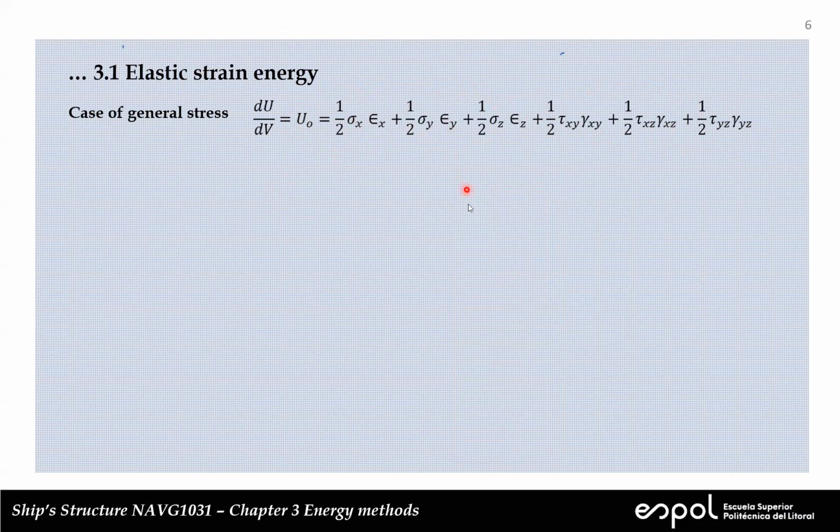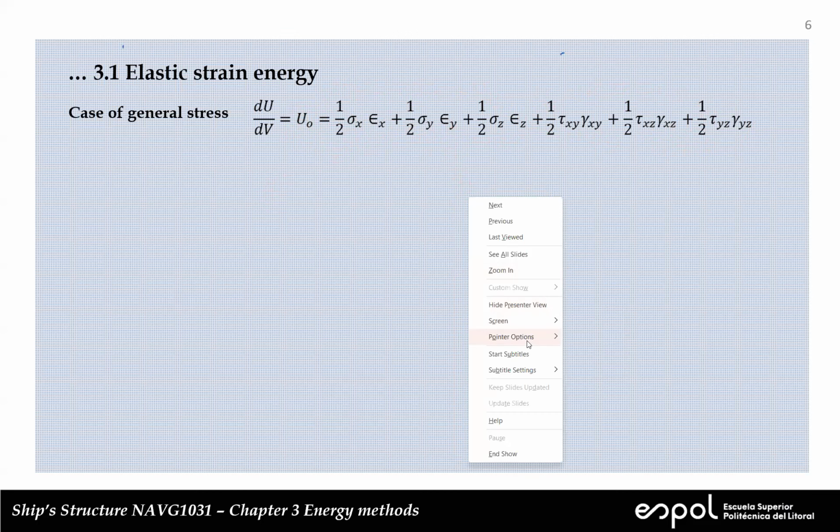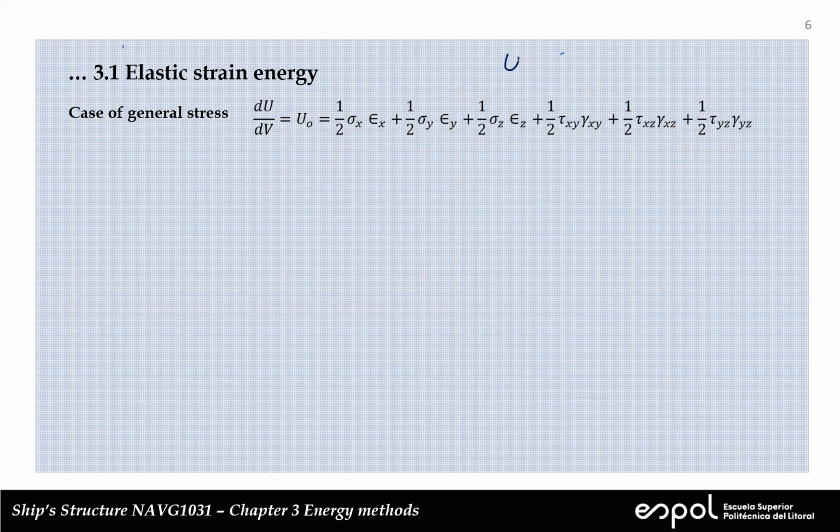Okay, so if you have this case, you can say that U is equal to the integral over the whole volume of the body of U0, which depends on x, y, and z, times dV. That's why this quantity, U sub 0, is so useful.